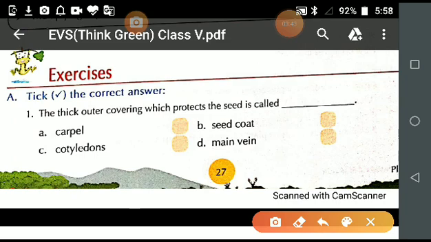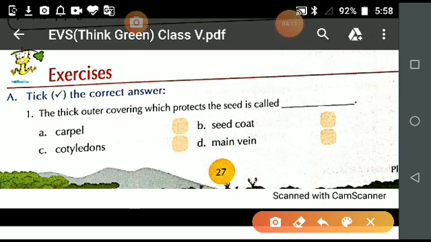You will see a main vein in the middle, and from this main vein many other veins are attached, that are side veins. So the leaf has one main vein and many side veins attached to it.